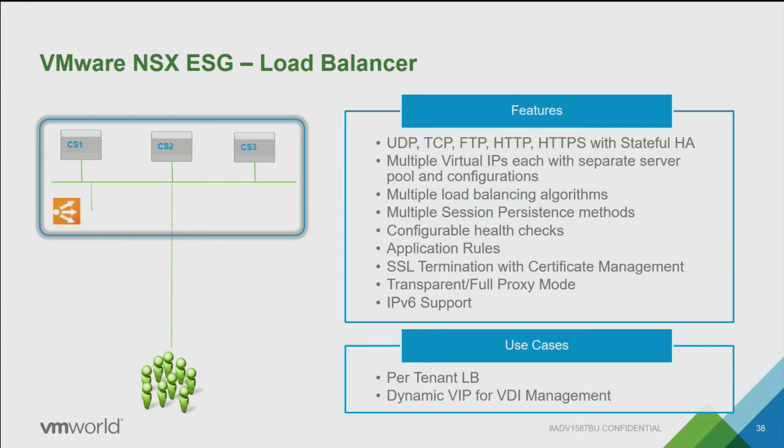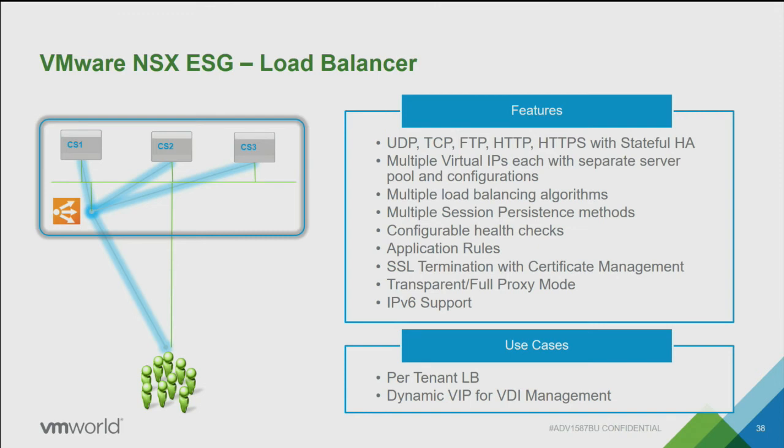Specifically, the load balancing capability is one of the main features utilized in conjunction with Horizon deployments. Our load balancers allow for a number of capabilities, including multiple virtual IPs, multiple load balancing algorithms, different session persistence, configurable health checks, supporting application rules, SSL termination with certificate management, and transport or full proxy modes.